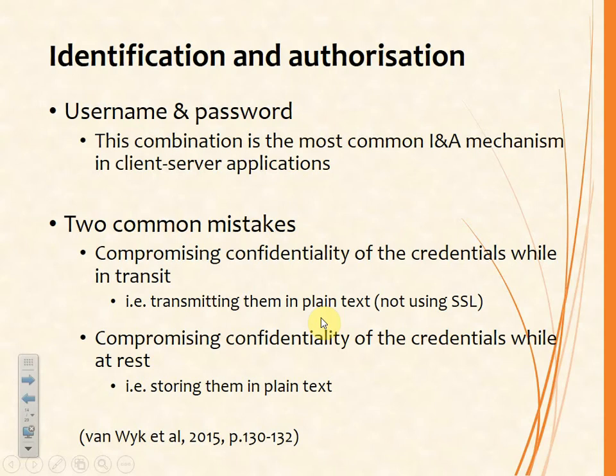Somebody identifies themselves and in so doing can gain authorization for access to certain data. The most common identification and authorization mechanism, of course, is the username and password. When you log into your online bank account, you provide your username, you provide your password.